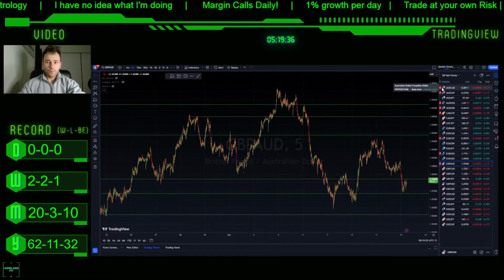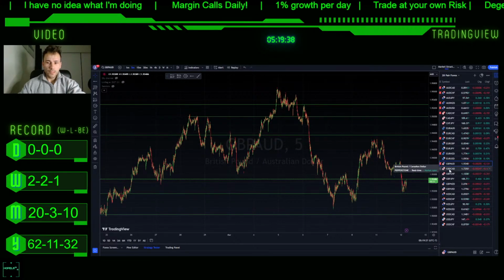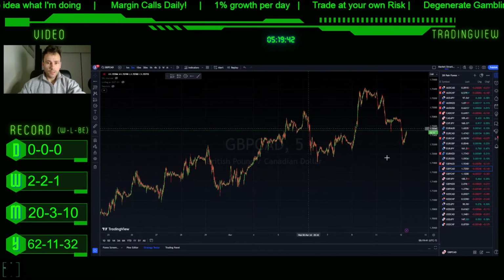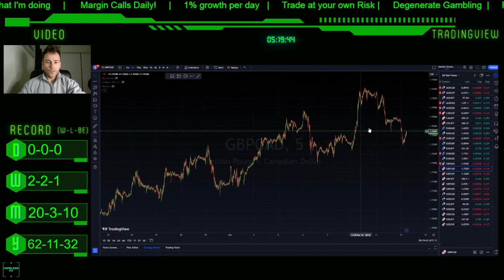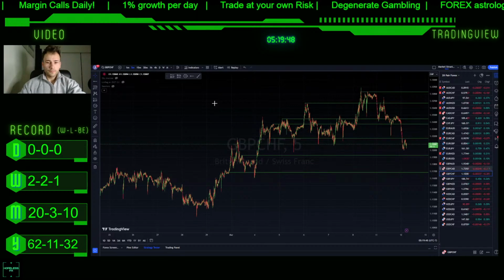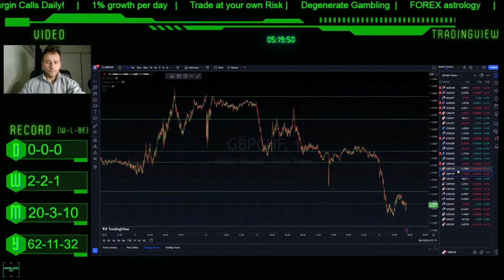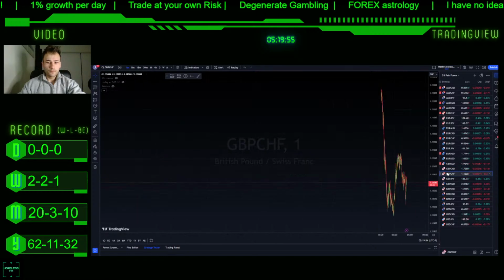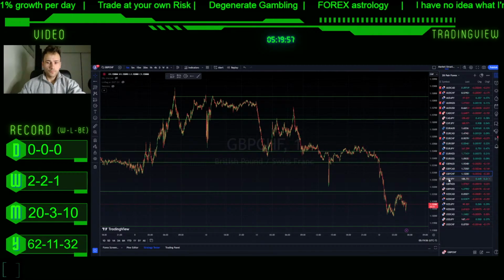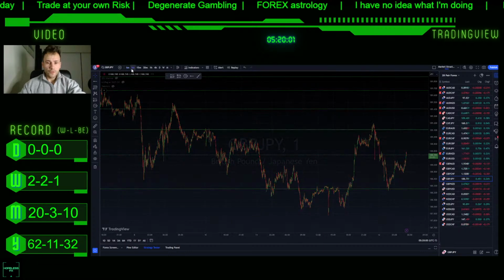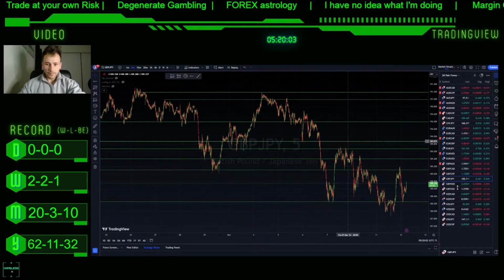So as you can see, I'm just putting a little red flag towards everything that I think could be a good opportunity today, sort of skipping the ones I don't feel. So a bit too much of a trend here on GBPCAD, which, if you don't already know, is not what I'm typically aiming to trade.